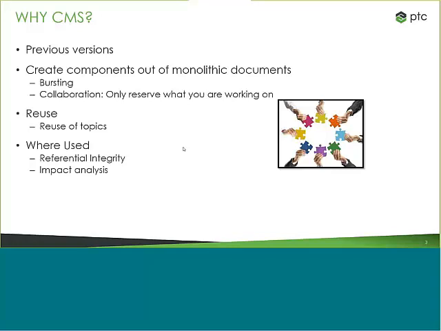And of course, referential integrity, the idea that if a component is being used by documents, you shouldn't be able to delete that component, because that would make those documents invalid. So the CMS enforces referential integrity for the documents and their components.